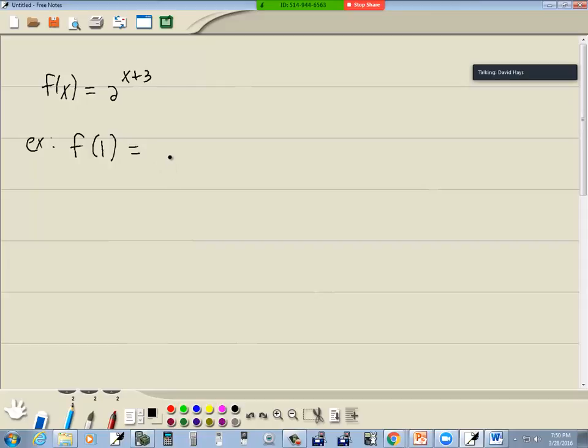Well, this is no different than before when we evaluated functions. Everywhere you have an x, you plug in whatever number you have inside the parentheses. So we're going to have 2 to the 1 plus 3 power. 1 plus 3 is 4, and 2 to the 4th gives us 16.